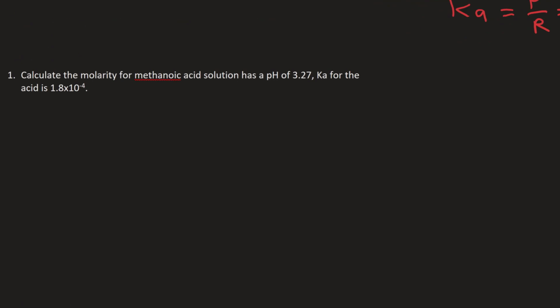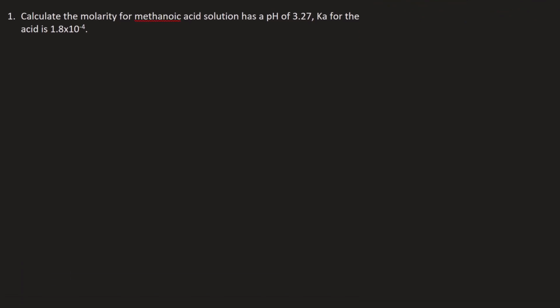So just to go back and rewrite it so you know how to do the weak acid and base questions. Now, calculate the molarity of methanoic acid. That's an HA to me, right? And you're looking for calculating molarity. You're given pH, you're given Ka, so we know it's a weak acid. It's an HA. Pretty simple.